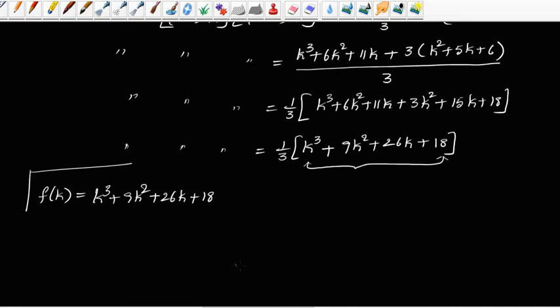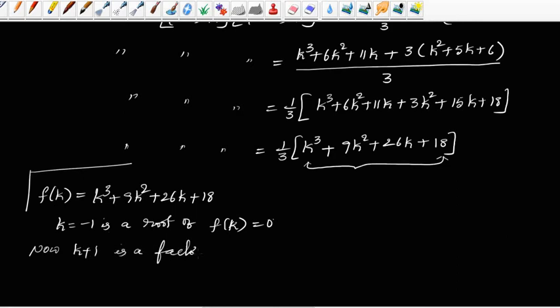Okay, that is, we get k is equal to minus 1 is a root of f of k is equal to 0. Now k plus 1 is a factor of f of k.